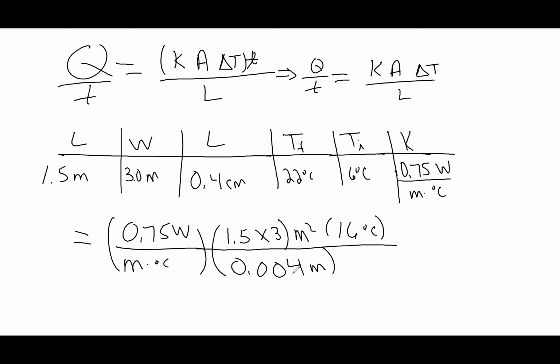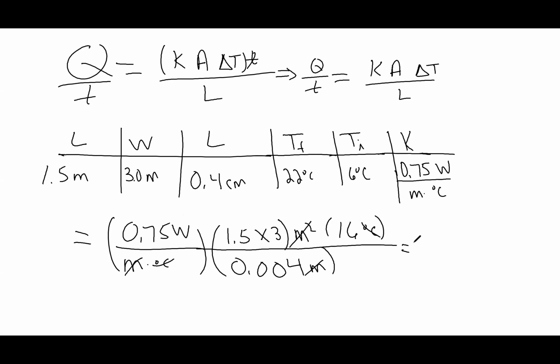And why is that? Because you can't put in centimeters. Because see, meter times meter is meter square, and that will cancel out the meter square. And then we have degrees Celsius, cancels out degrees Celsius. And my answer will be in watts, which of course is joule per second, which is the rate of energy heat loss. Okay, so what do you get?